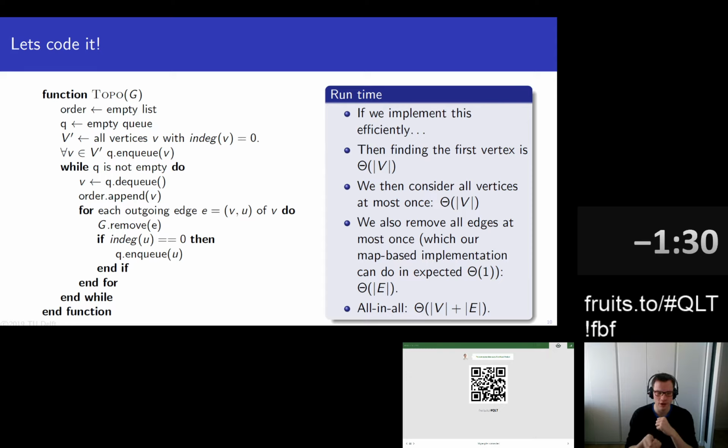In the meantime, let me answer Okomon's question. So when you have theta v plus e, can't you also say theta max of v and e? Yes, you can. This is not something I've proven in the course, but you can try to do this yourself if you like. Theta a plus b is the same as theta max a comma b for any a and b.